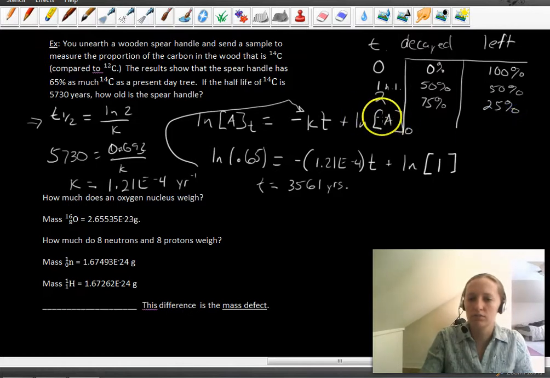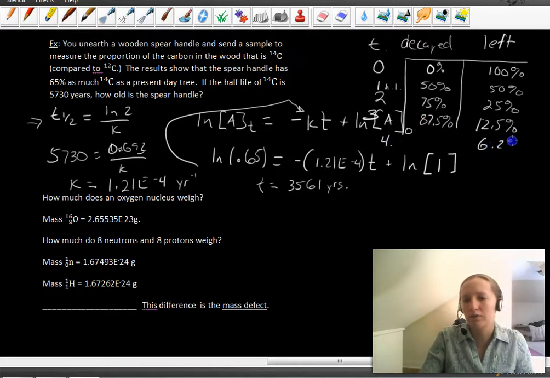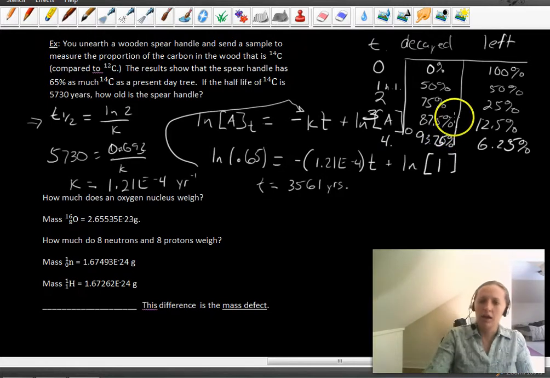After 3 half-lives, it's actually, I should have done this column first, 12.5% of it is left, and 87.5% of it has decayed. After 4 half-lives, 6.25% of it is left, and 93.75% of it has decayed.